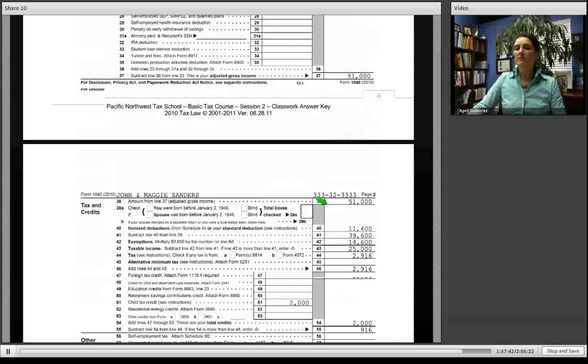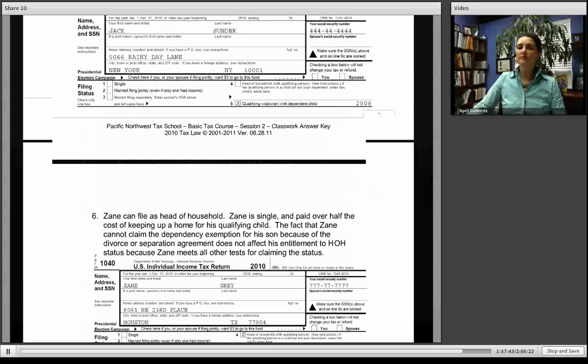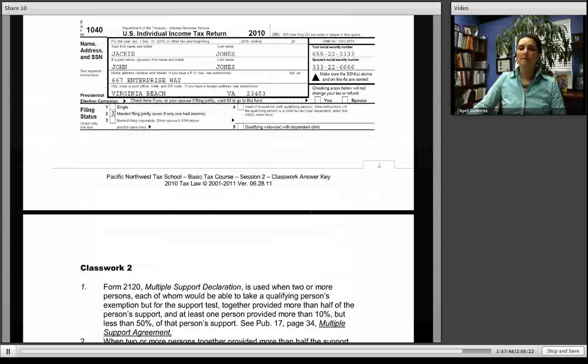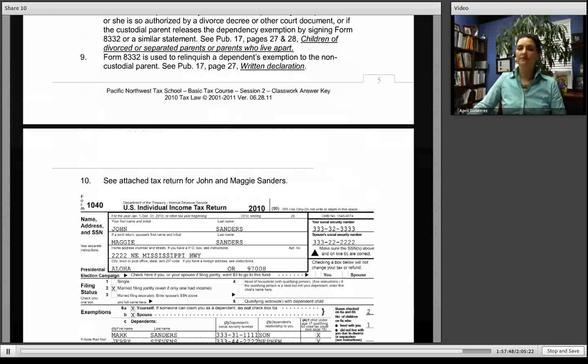We've now totaled up the W-2s. Okay, and here is the 1040 form for John and Maggie Sanders. We have John and Maggie who are married and filing a joint return.